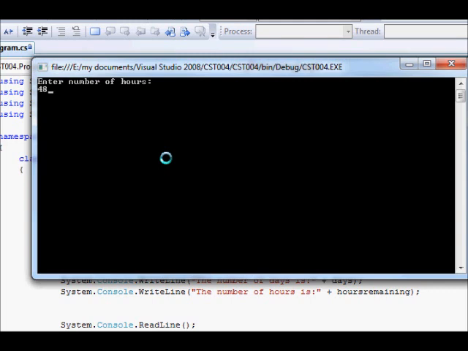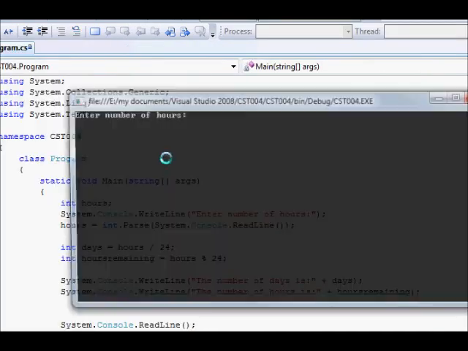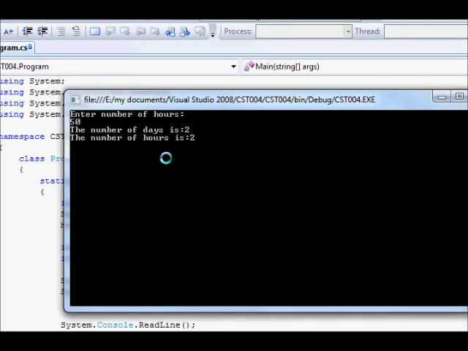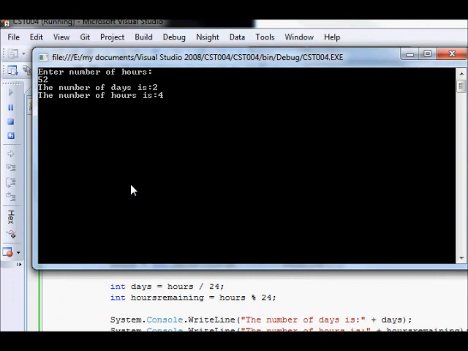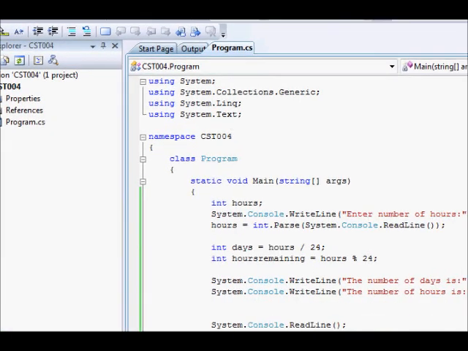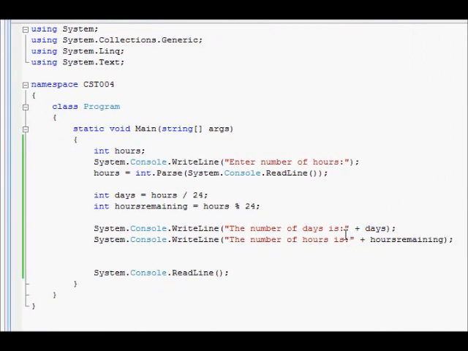So 48 hours is basically 2 days. Now if we say 50 hours, it means 2 days and 2 hours, and 52 hours maps to 2 days and 4 hours. This is a very simple example.